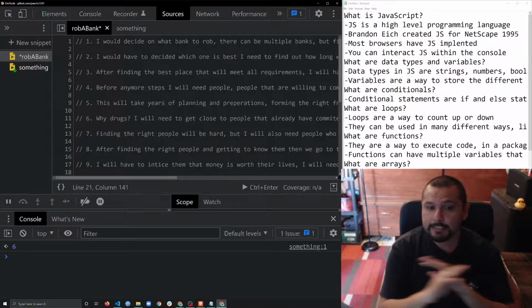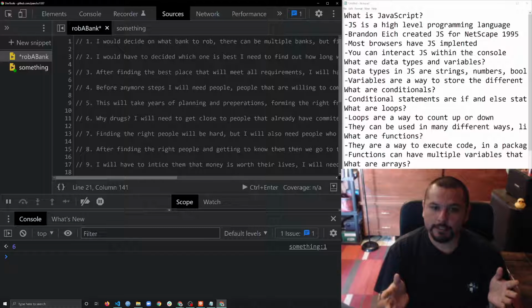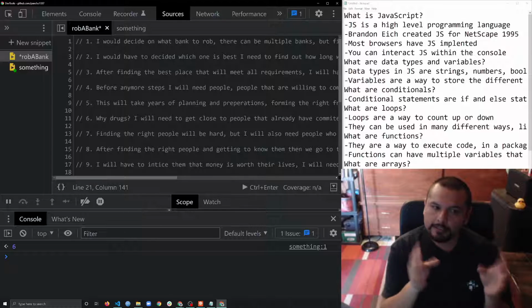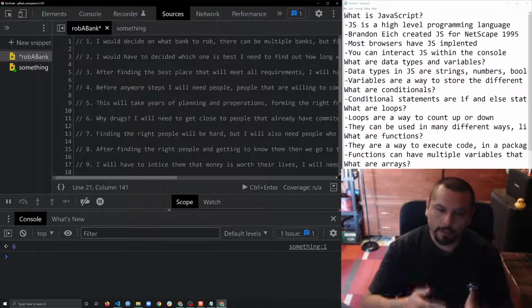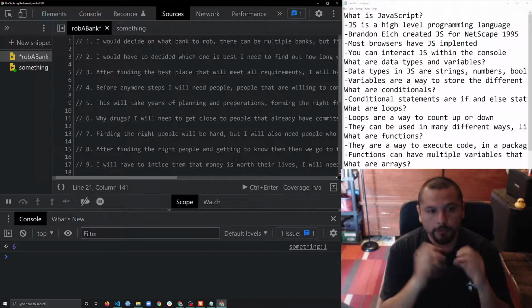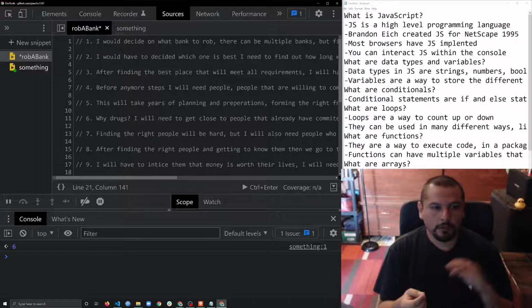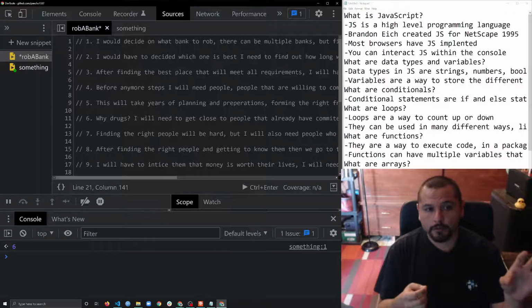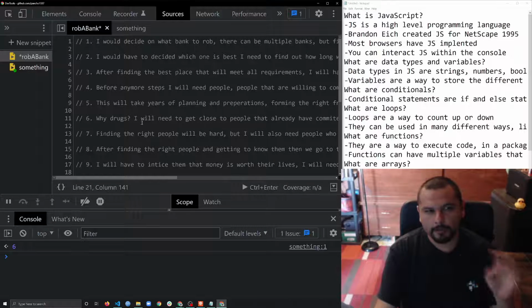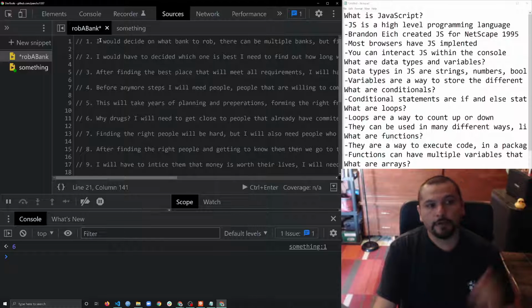This is programming, maybe not exactly, but this is the idea of programming. You are making a set of rules and instructions that are going to be executed by the computer. Here, another person is going to be executing these commands, but we can talk more about that later.